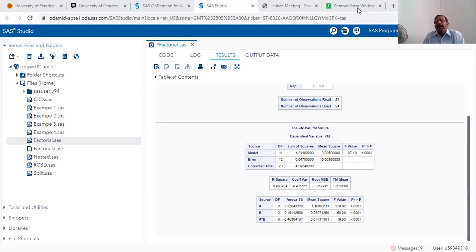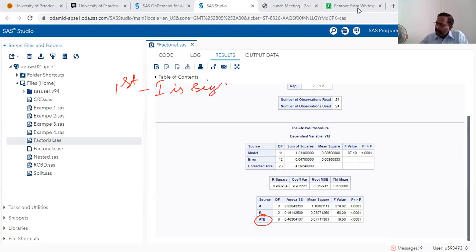I mentioned this earlier in the theory class. Interaction. First, we have to look at whether interaction is significant. So in our case, whether AB is significant. First, look at whether interaction is significant.